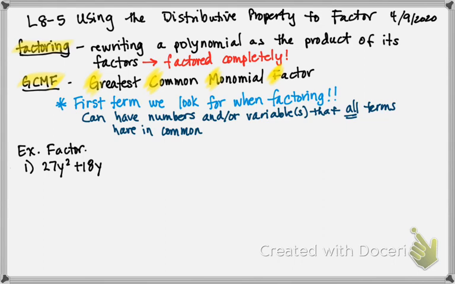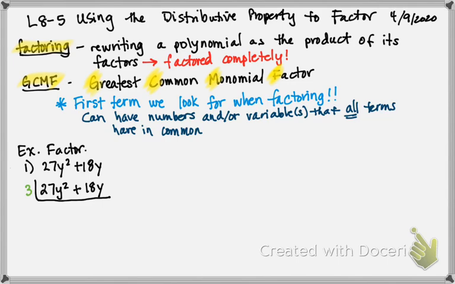But basically what you're going to do is take this and start looking for common factors. Now, you don't have to look for the greatest common factor to begin with, but you've got to look for something. For example, 27 and 18, I know 3 goes into both of those.